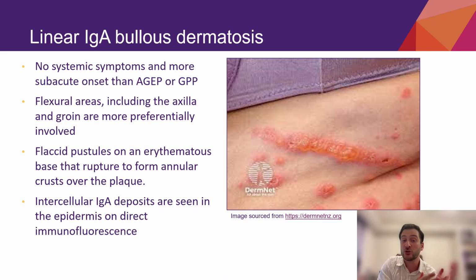So lesions show a predilection for flexural areas, presenting as flaccid pustules on an erythematous base that rupture to form annular crust over the plaques. The diagnosis is supported by the presence of intercellular IgA deposits within the epidermis on direct immunofluorescence.